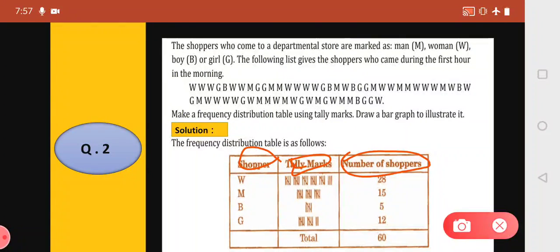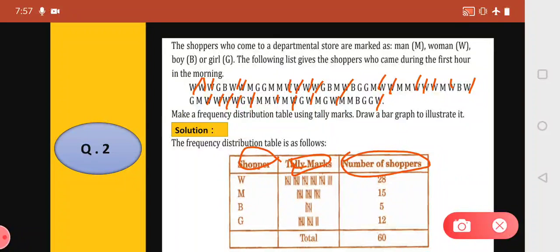You have to count from here like this: 1, 2, 3, 4, 5, 6, 7, 8, 9, 10, 11, 12, 13, 14, 15, 16, 17, 18, 19, 20, 21, 22, 23, 24, 25, 26, 27 and 28.